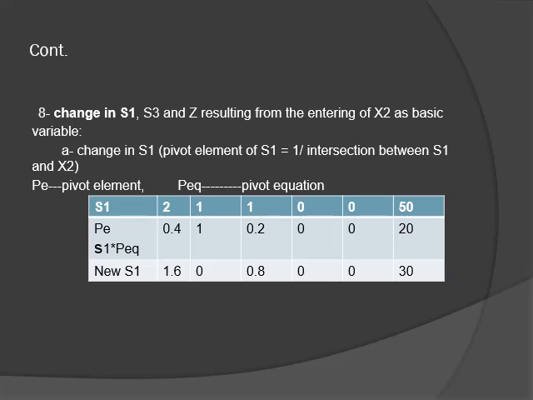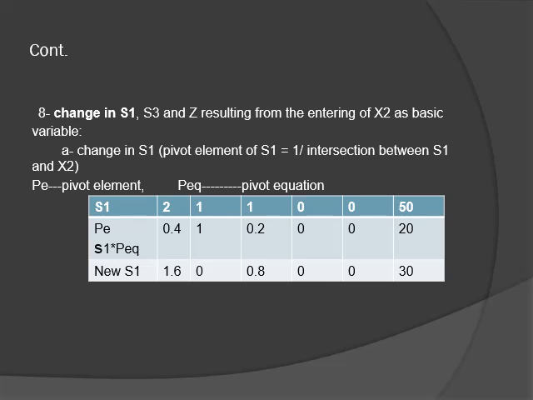Now, this pivot element should be multiplied by the pivot equation, which was also determined before. The results are 0.4, 1, 0.2, 0, 0, 20.